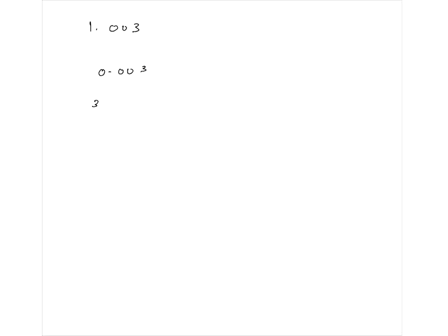If you have something like this, how many significant figures? 1. If you have something like this, how many significant figures? 1, 2, 3. But if you have 301, then you have 1, 2, 3. 3 significant figures.